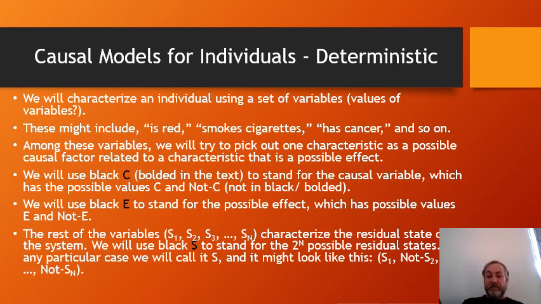We're making them binary. If you were thinking about ethnicity, you could have different sets: African American or not, Hispanic or not, Asian American or not, and so on. Is that clear enough? So we have this whole set of values of variables that could characterize me, and two of them we're interested in, the cause and the effect.